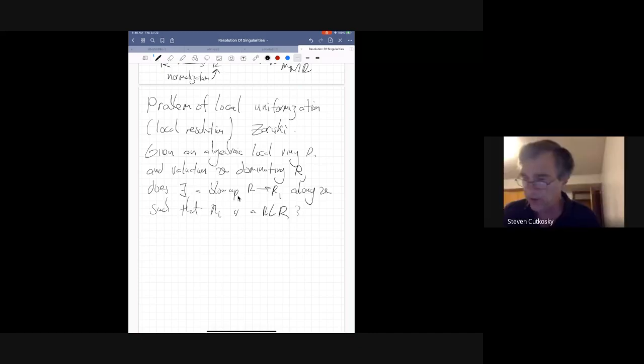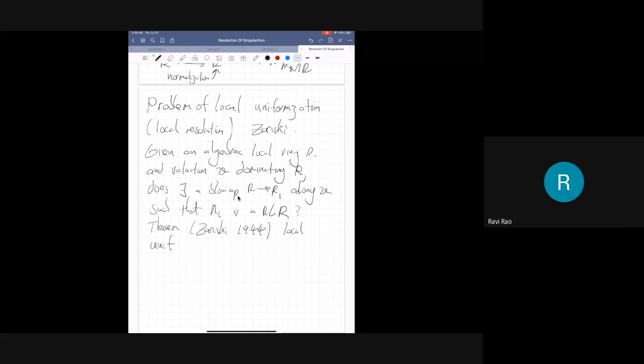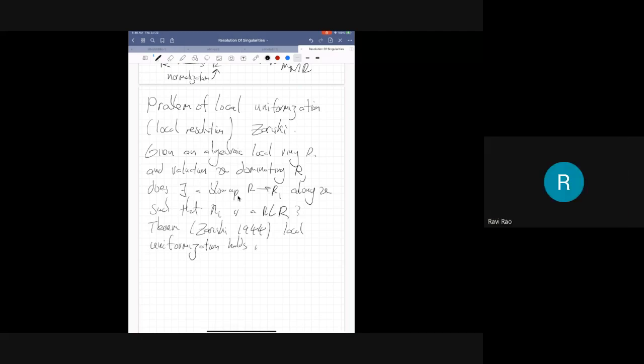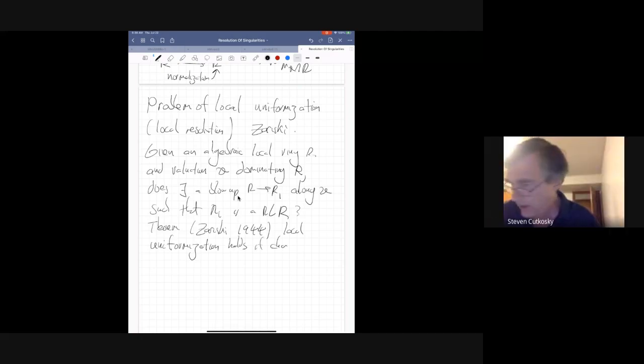This was the problem posed by Zariski, and in his paper, which appeared in 1944, he showed that local uniformization holds if K has characteristic 0.